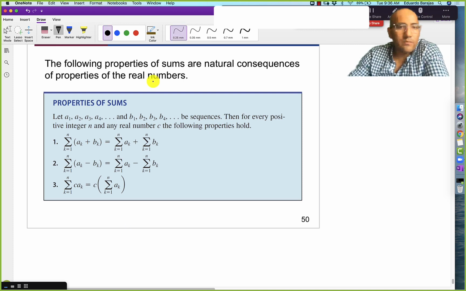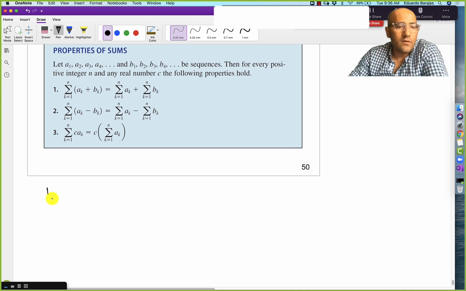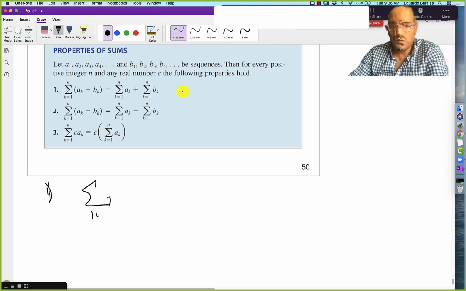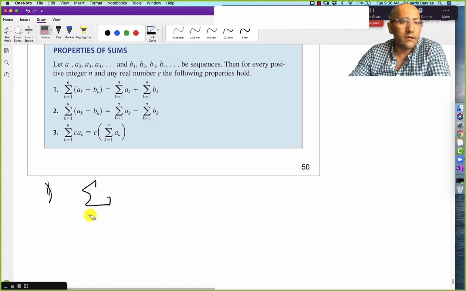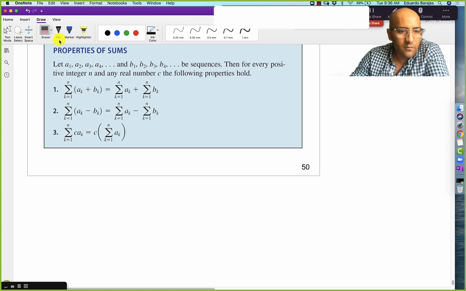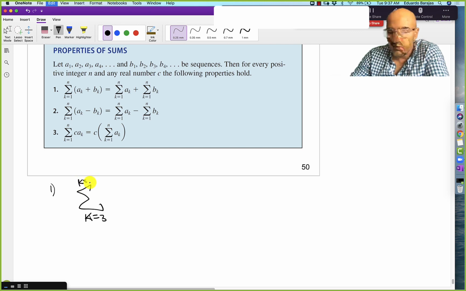So what this means, let's do an example for number 1. Let's say I'm asking you to do the sum as k goes from 3 through 5.